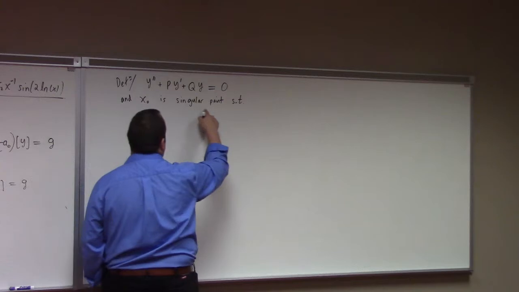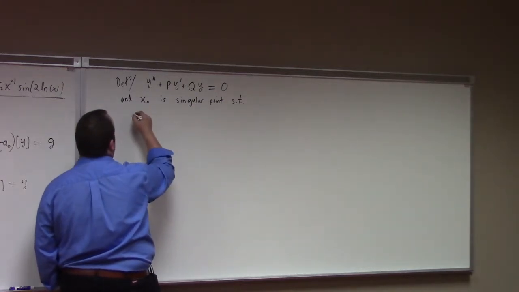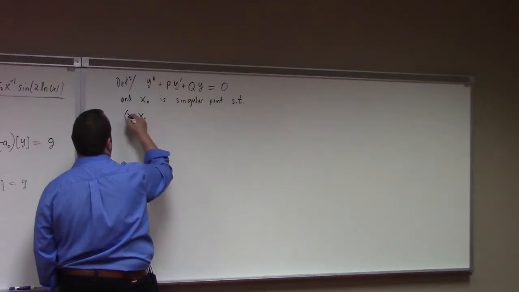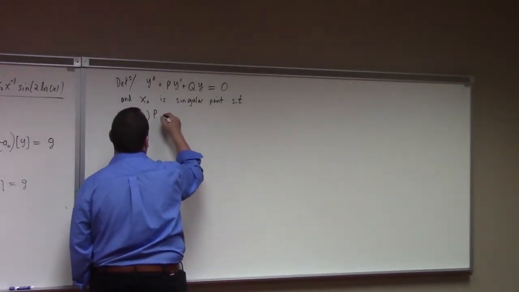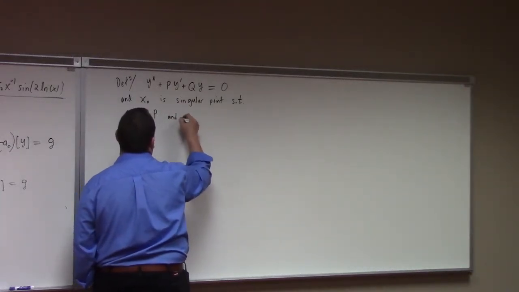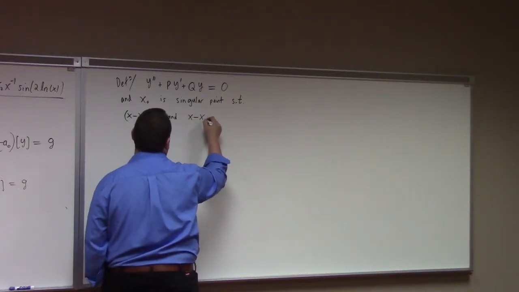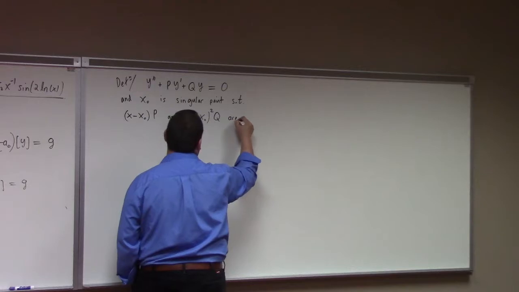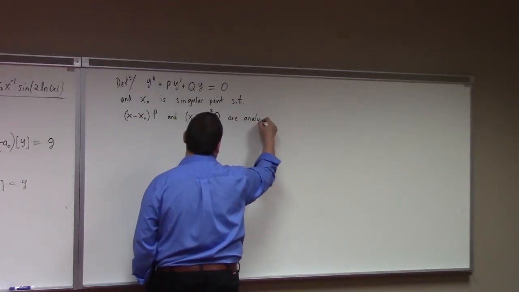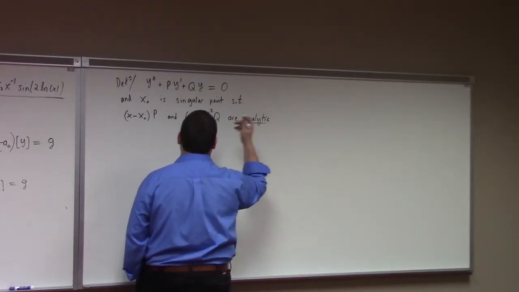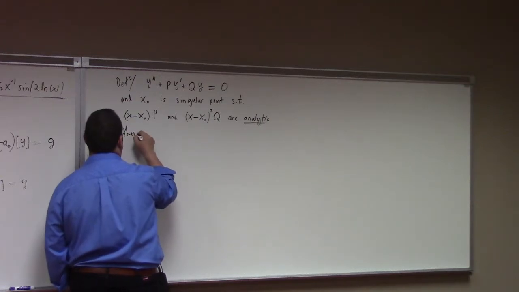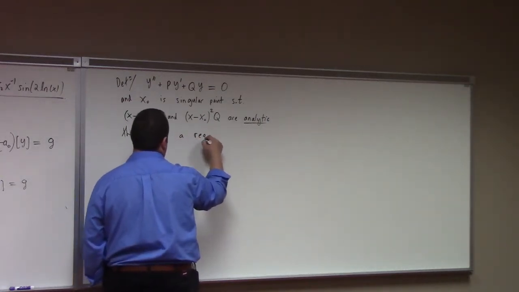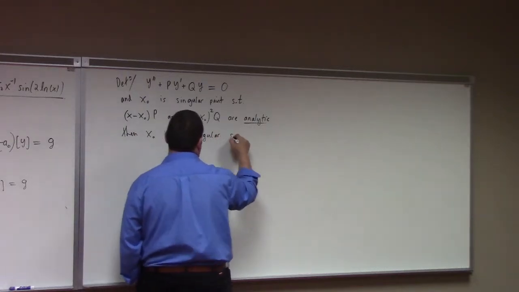if that's a singular point such that x minus x naught times p and x minus x naught squared times q are analytic, then x naught is a regular singular point.